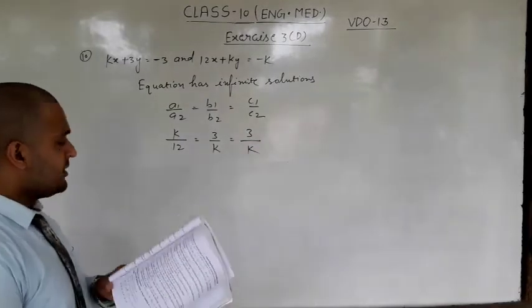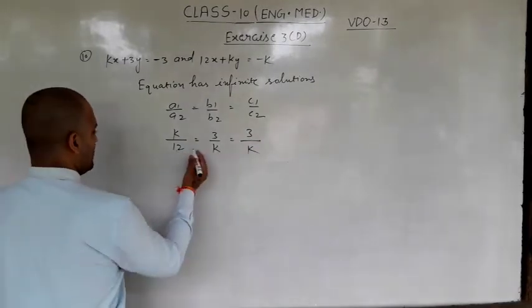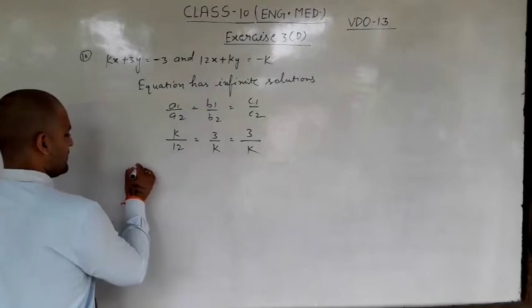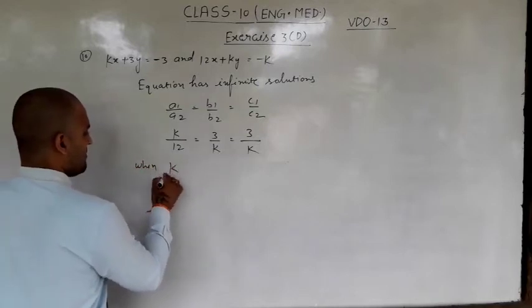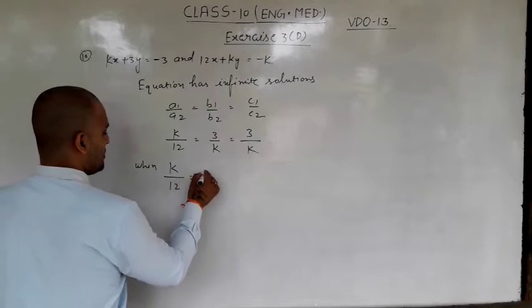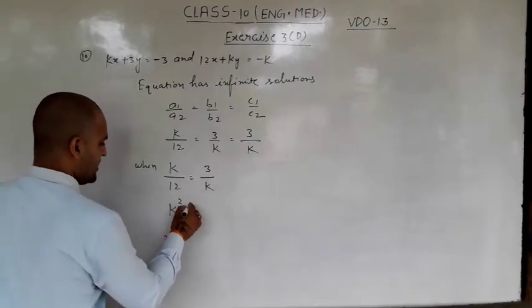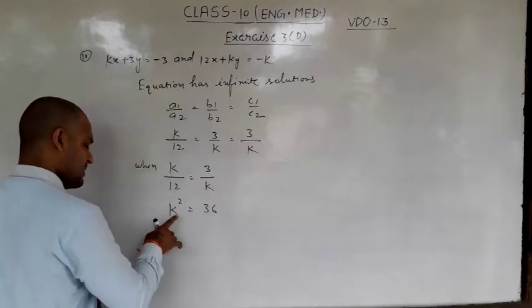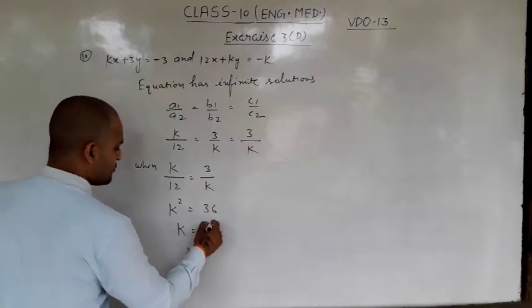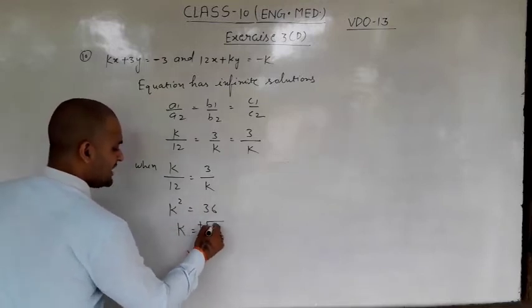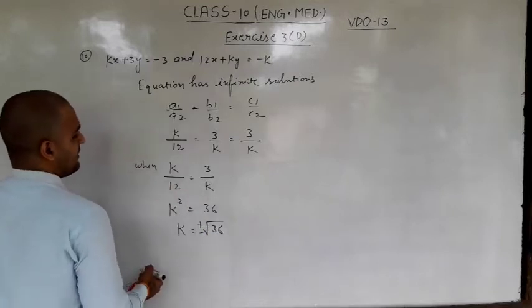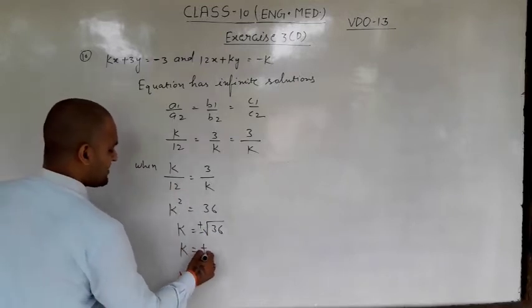Okay students, now let's solve. If we take k by 12 is equal to 3 by k, by cross multiplication k square is equal to 36. Now k is equal to under root plus minus 36. The value of k is equal to plus minus 6.